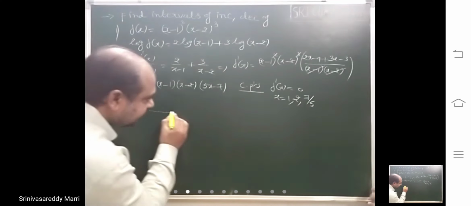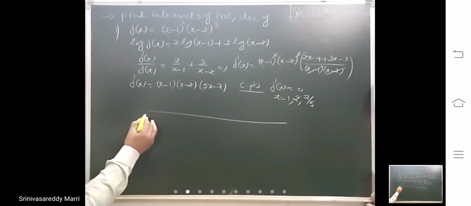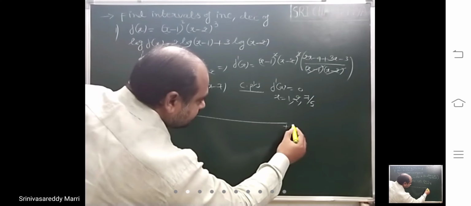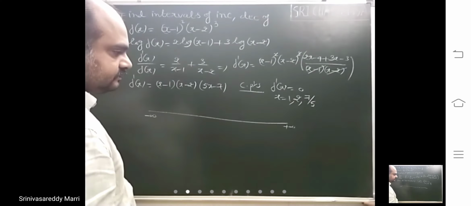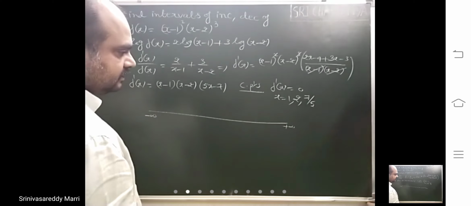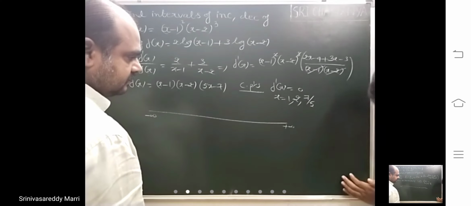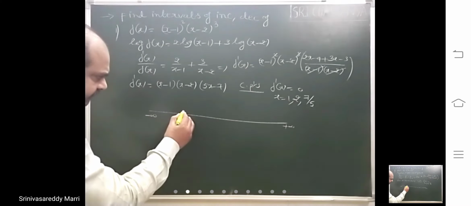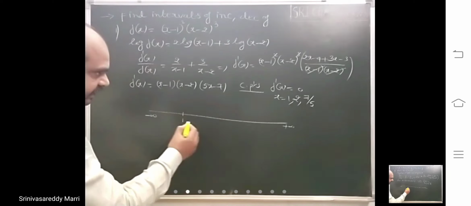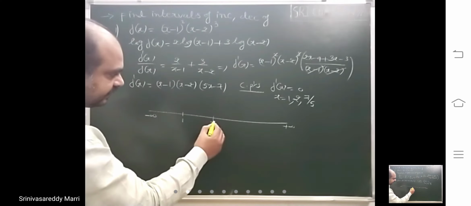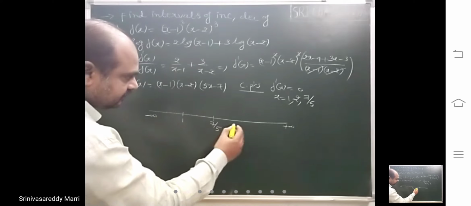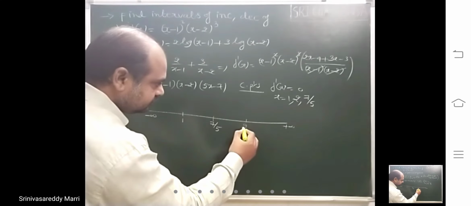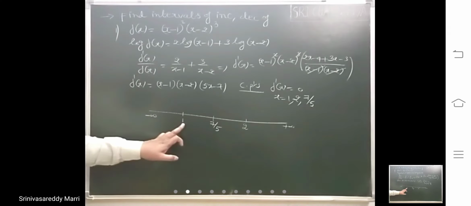So mark them on the real number line. Look at 1 first, in ascending order: 1, next 7 by 5, and then 2. So these are the critical points.